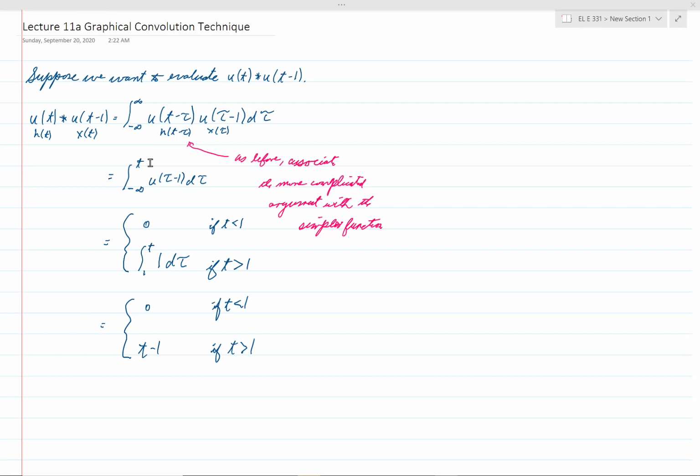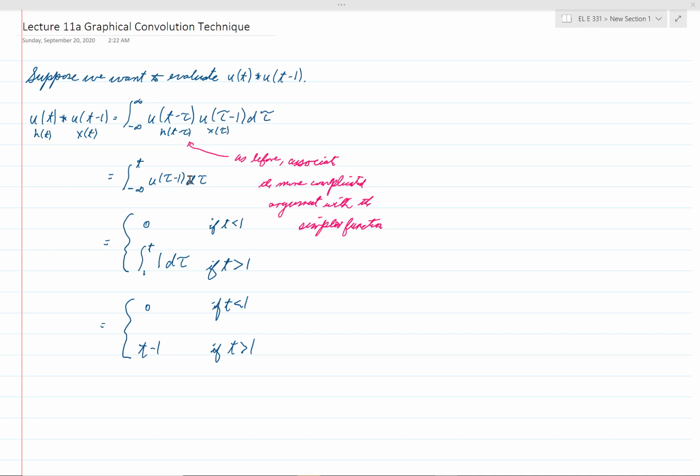Now, at this point, we want to evaluate this integral. What we can observe is that u of tau minus 1, as you go from left to right, is equal to 0 until it turns on at tau equals 1, and for all values of tau greater than 1, it's equal to 1.